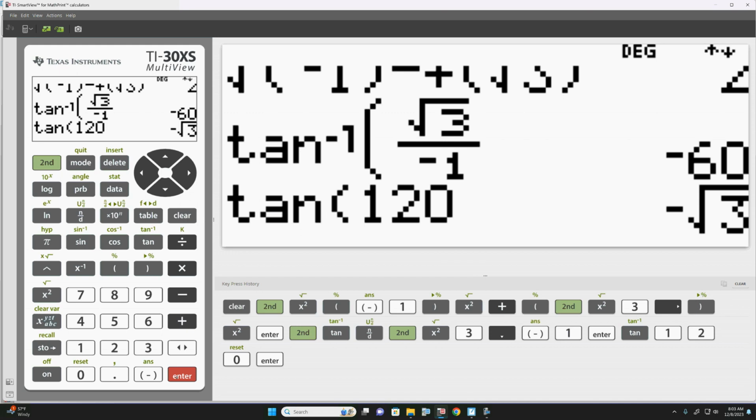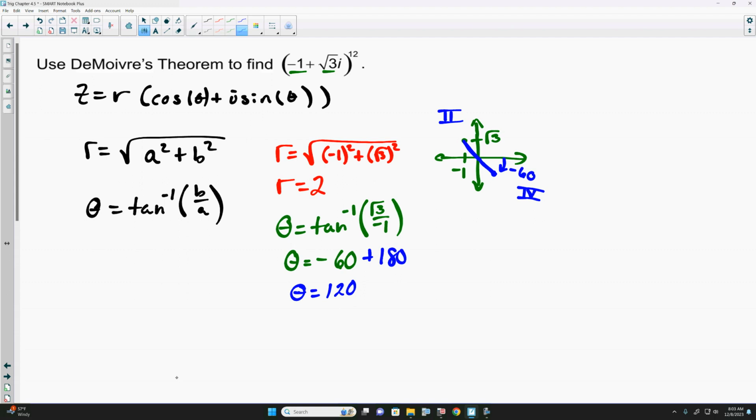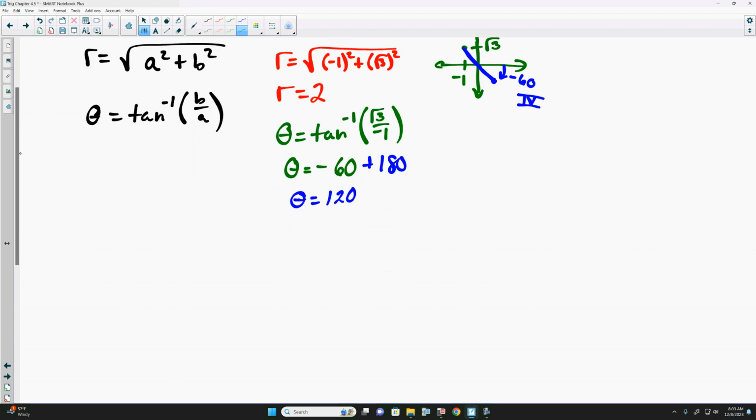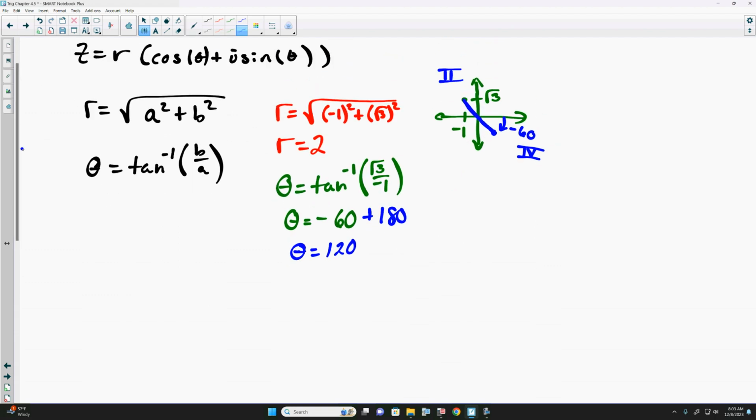So that is the correct angle. Thus, making the equation we want z equal to 2 cosine of 120 plus i sine of 120.